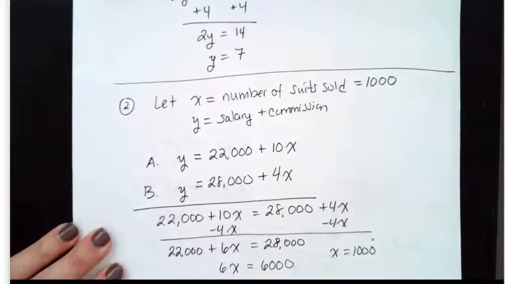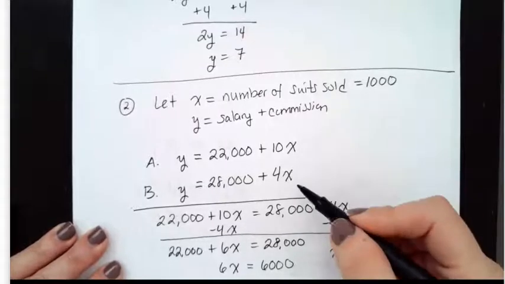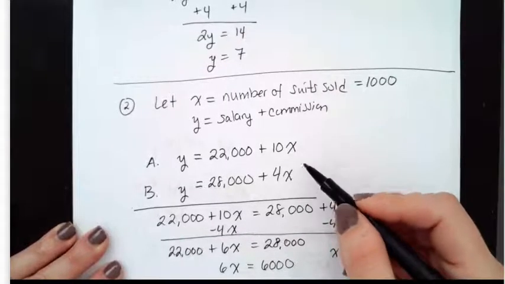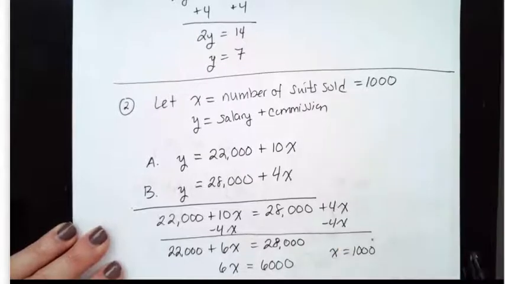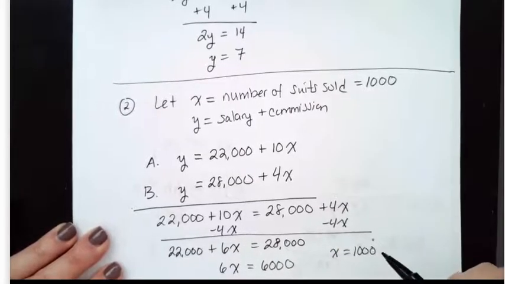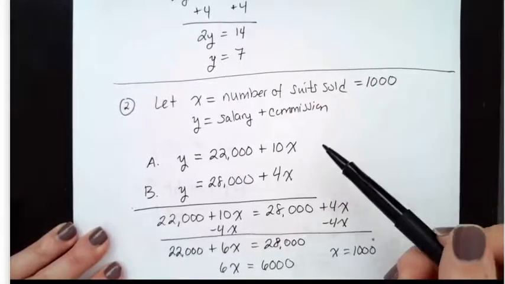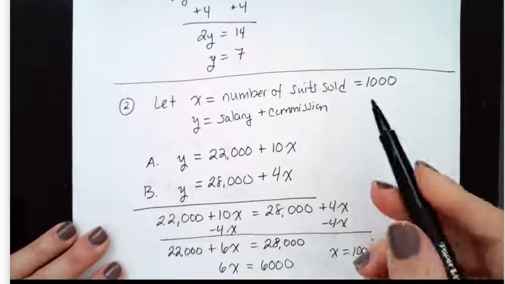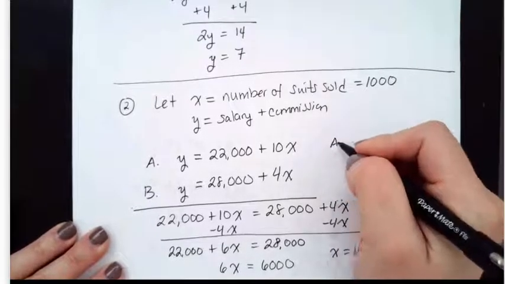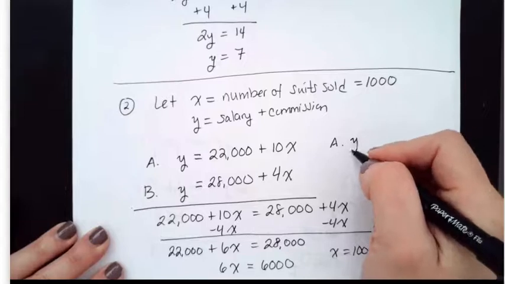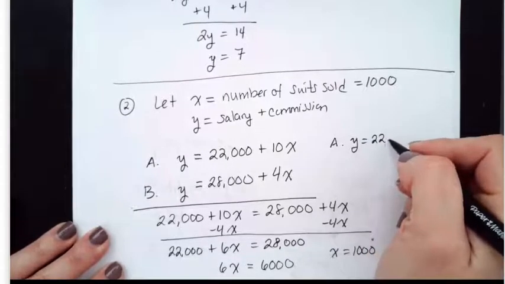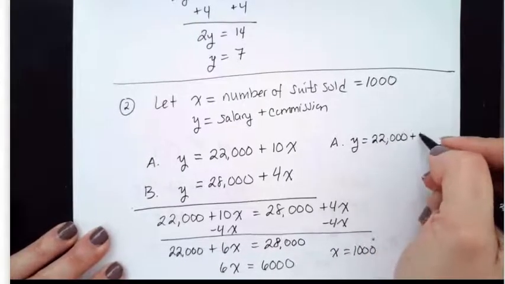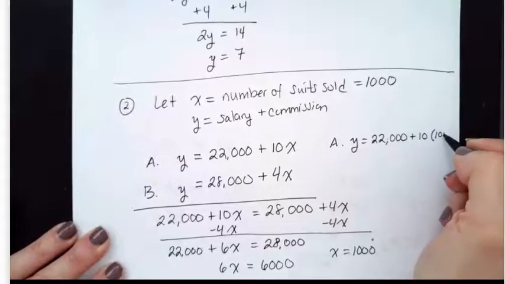So I have the number of suits, which is 1,000. If I wanted to know how much he was making, I would take this 1,000, plug it back into either of the equations. It shouldn't matter which one, because remember the question is saying how many suits should he sell so that he makes an equal amount at both companies. So we could maybe use Company A. So I would do 22,000 plus 10 times 1,000.